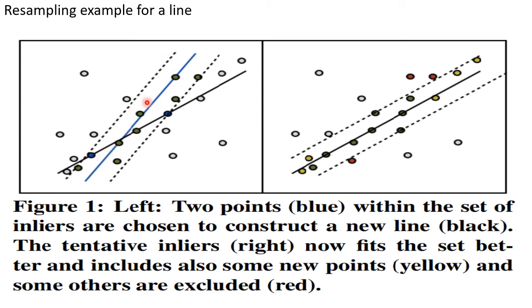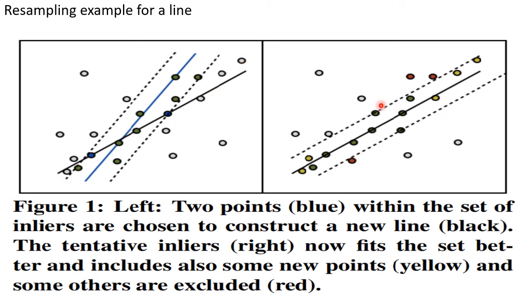These are the inliers. Now we want to resample. Resample means we already have tentative inliers, and in them we are sampling again. Let's take 2 points in blue color, which are enough to draw a line. Using these 2 points, in the second iteration a black line is drawn here.